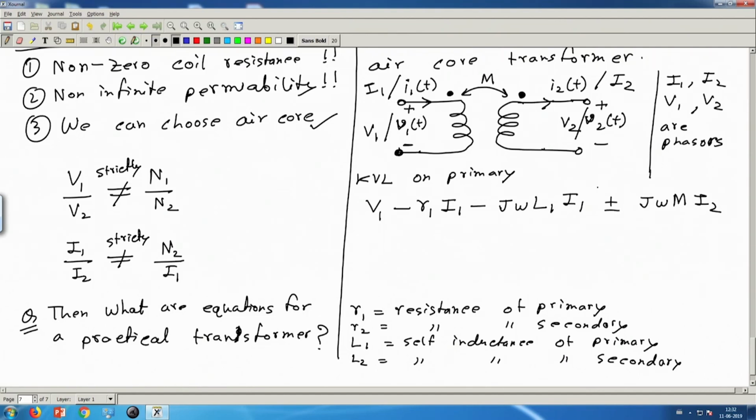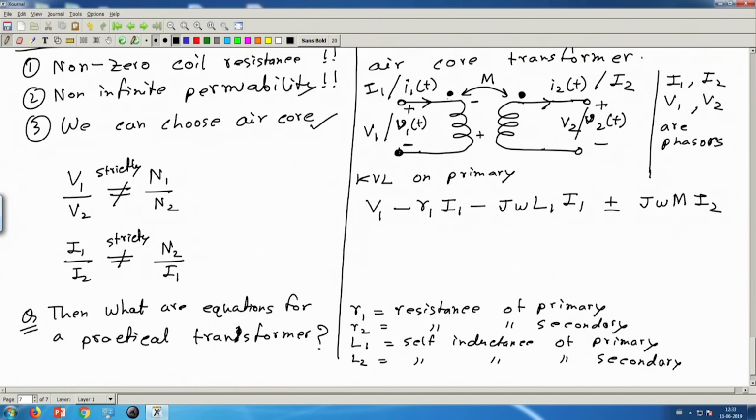Let's see. According to the chosen reference, I2 is leaving, going out through the dot, so the induced polarity will be minus near this dot and plus here.